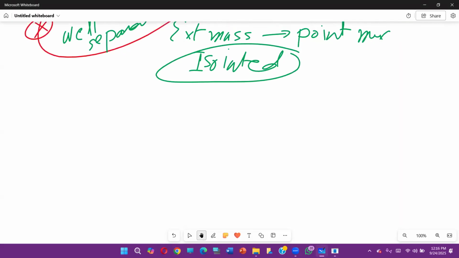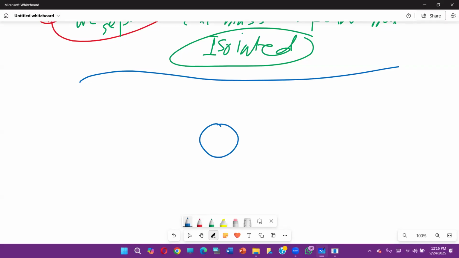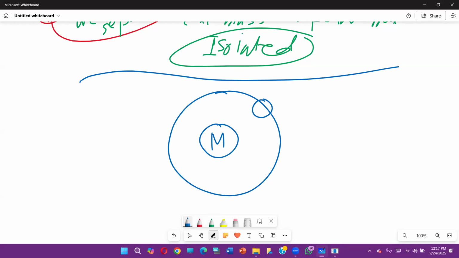Now, I move forward. I have discussed the idea of Newton's law of gravitation and its formula. Now I move forward to two important derivations. The first is the idea that this is the source mass and another particle with small mass is orbiting it. Satellites, moon, planets, comets, meteors, all of them follow this.